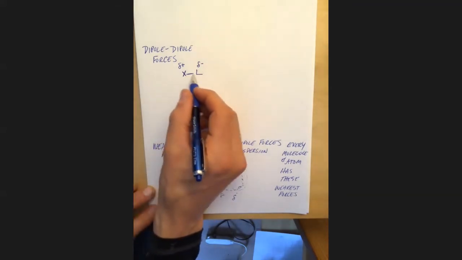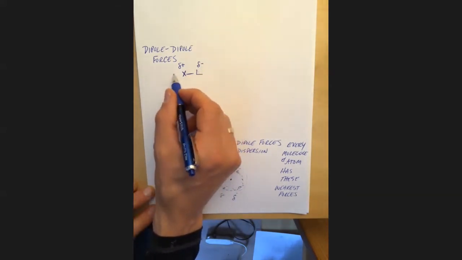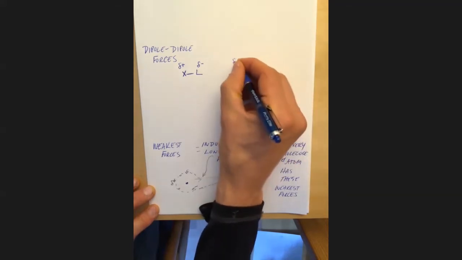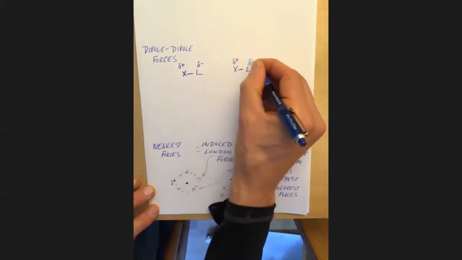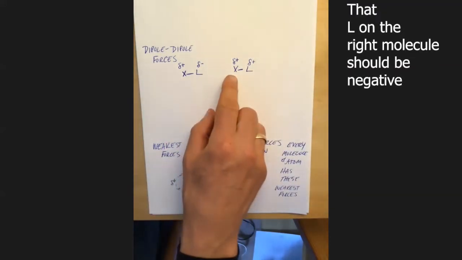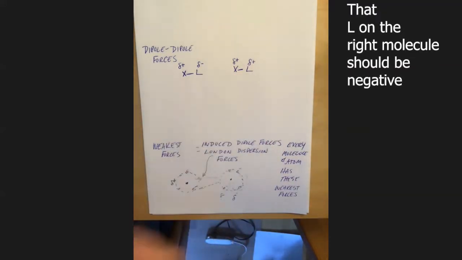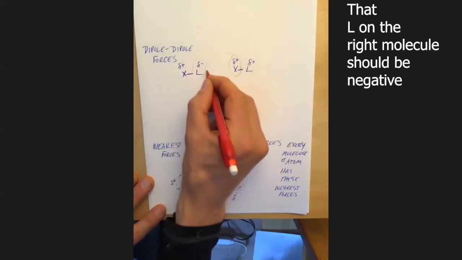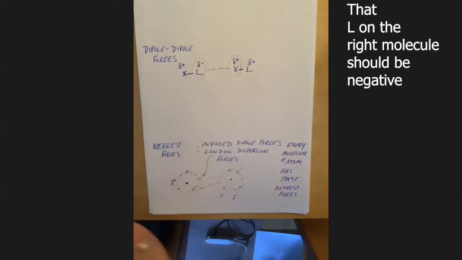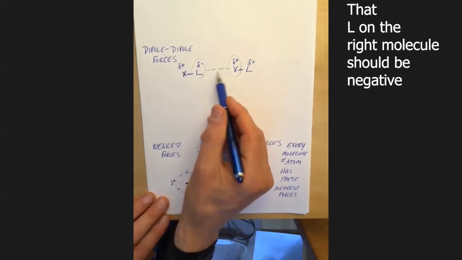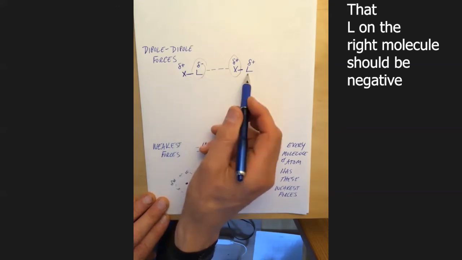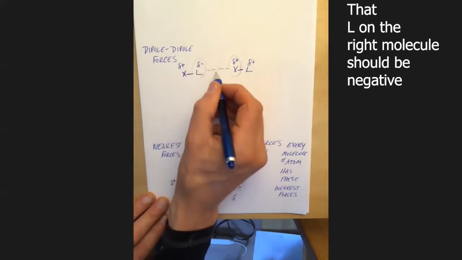And because of that, some other molecule of the same compound also is slightly positive and slightly negative. And so this positive end here is attracted to this negative end here. And so we have some force of attraction between those two. And this force of attraction between these permanent dipole polar molecules is called a dipole-dipole force.